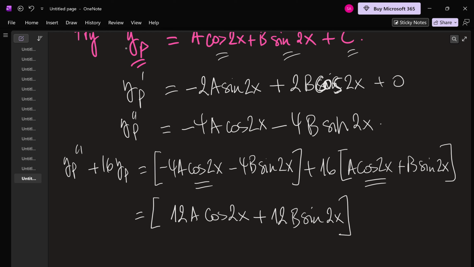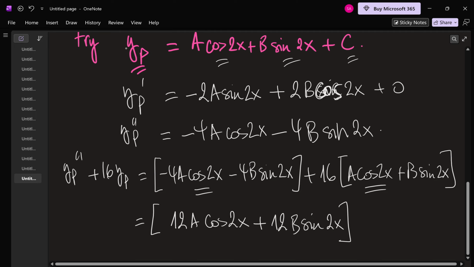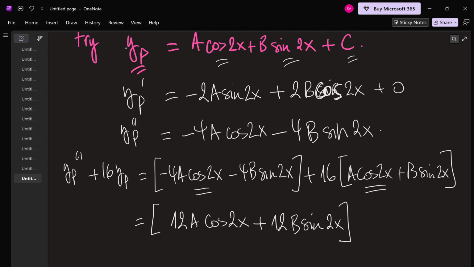Okay. And remember that this is actually, I forgot something. In yp, we have also the constant c. So a, b, and plus c, so plus 16c.